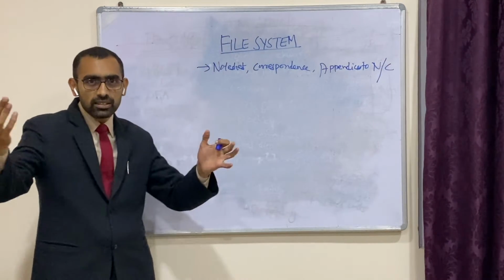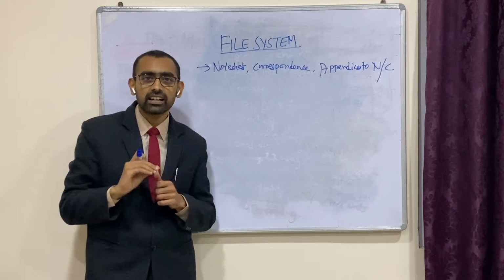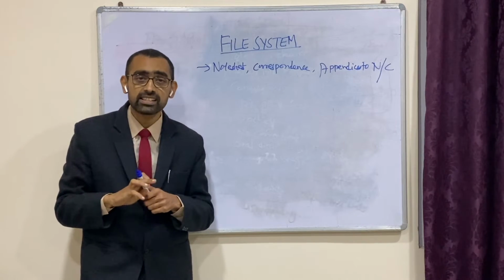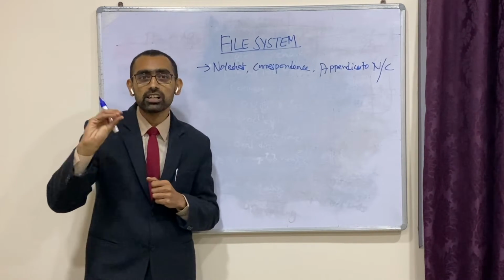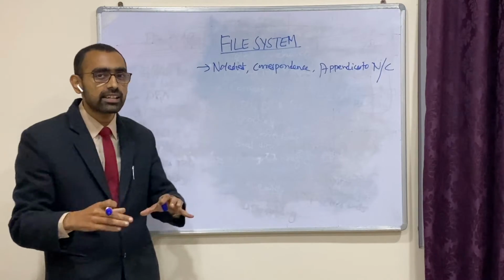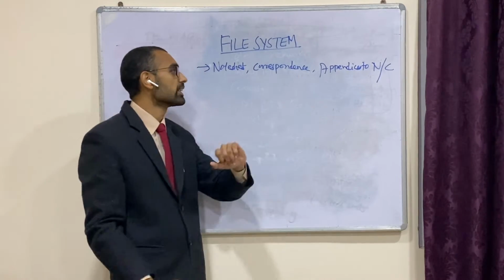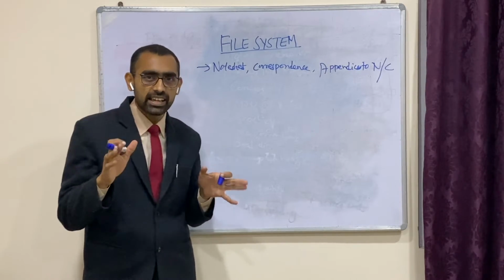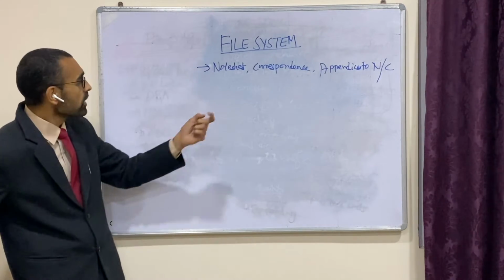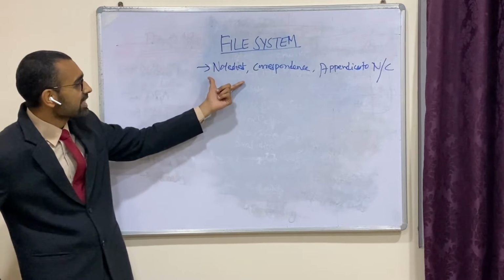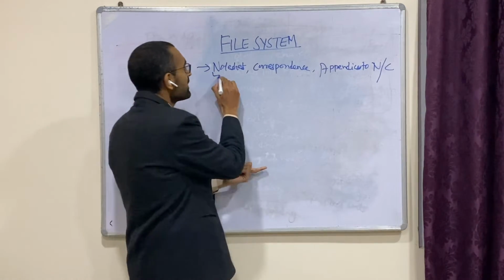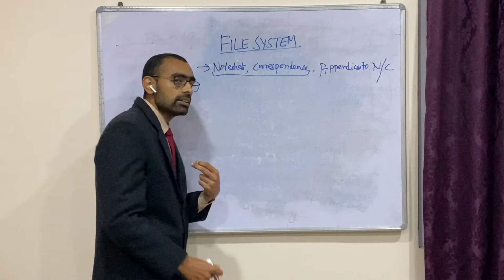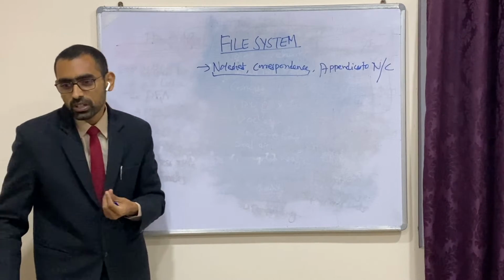Sometimes there are thicker documents, like an act or manual, that are kept as appendices to the correspondence or the note sheets as an extra supplement in particular cases where it is required. So essentially a file will have these two components, and sometimes you also see the appendix, so that is what you have to understand.